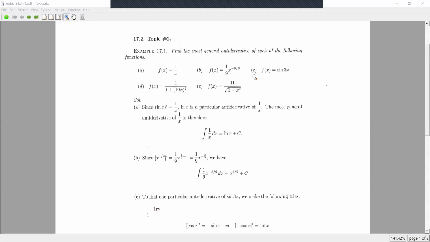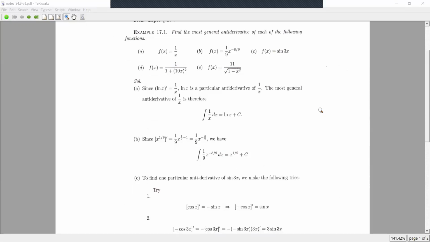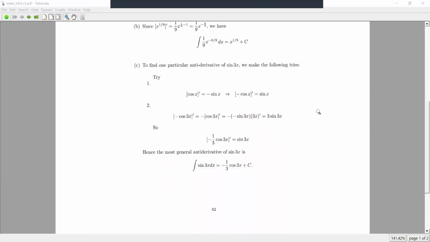Now, part C. Find the integral of the function sine of 3x. Now, this time, it is not so straightforward to tell one antiderivative of this function. Let me make some tries.